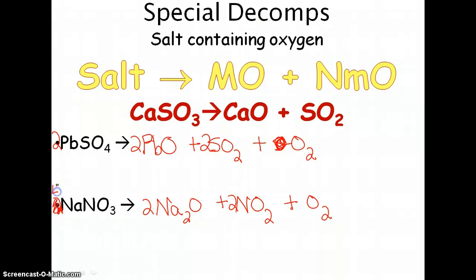Let's see, put 4 there, 4 there. All right, now let's look. So our Na's, we have 4 and 4. 4 N's, 4 N's, and then we have 4 times 3 is 12 O's. 2 O's plus 8 O's is 10 O's, 11, 12, and there you go. We are balanced.